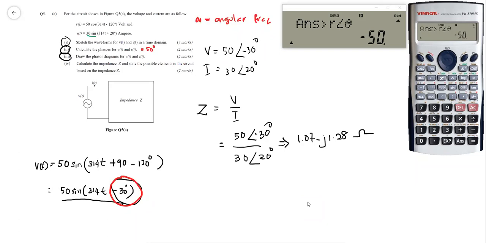So from here, this is your R, right? The first element is your resistor. And your second element is X. What do we call this X? Resistor is resistor. X is what?